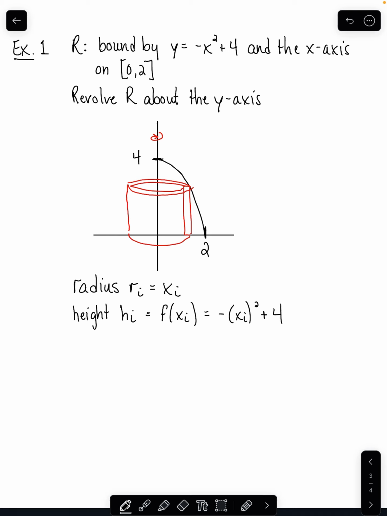So that if we want the volume of the three-dimensional figure, it will be the integral from 0 to 2 of 2 pi times x for the radius times negative x squared plus 4 for the height dx.